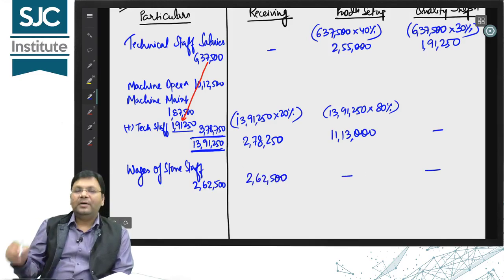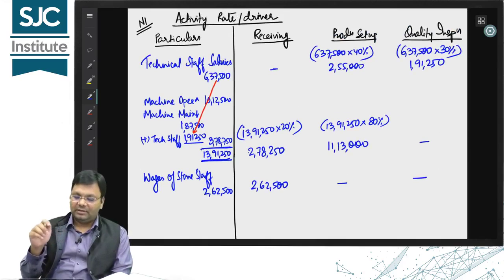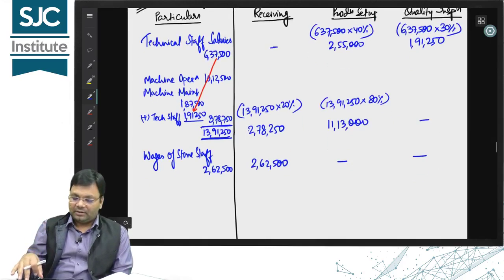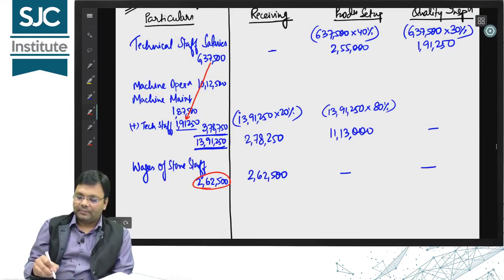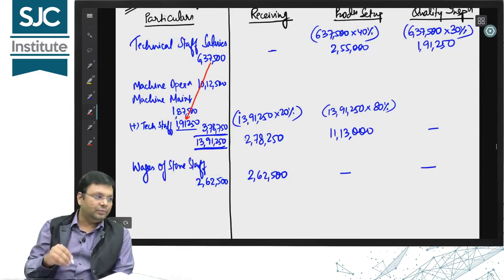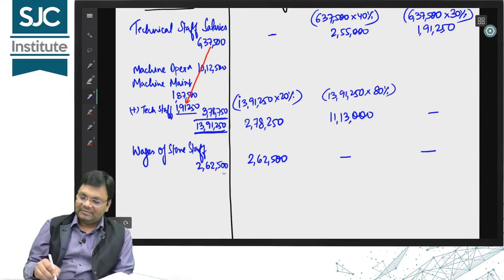Now you remember I was talking about something called allocation and apportionment in my previous concept discussion. Allocation means putting the whole of expense into one department. This is allocation. And apportionment requires some ratio. So until now we were doing apportionment and this has been allocated.